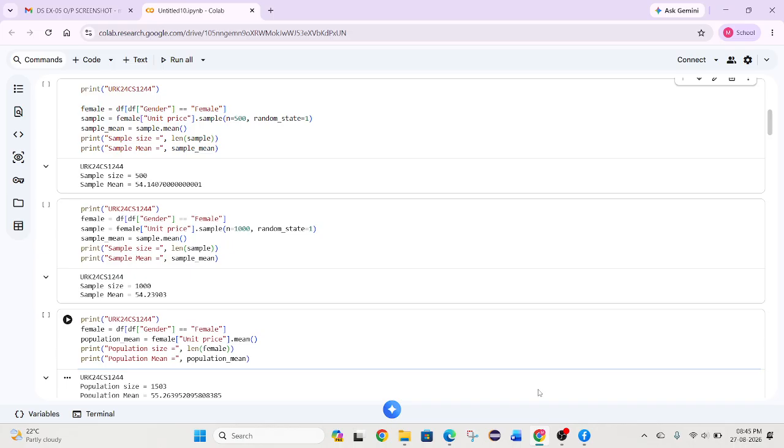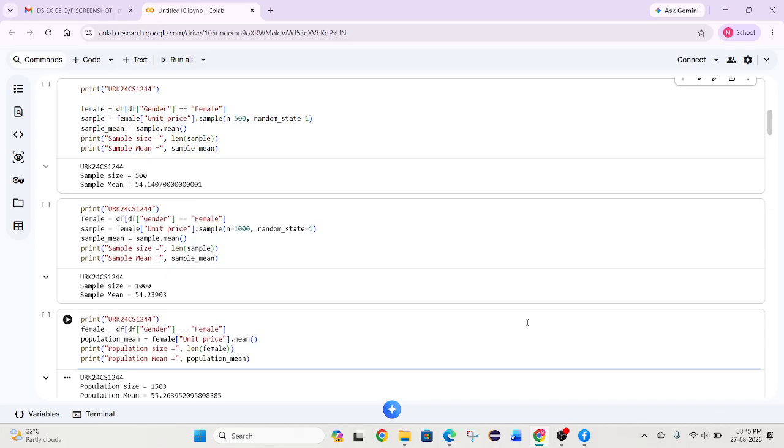Next, selecting 500 values. This is the most important line. First, I select the unit price column, then I randomly select 500 values. n equal to 500 means I need 500 values. random_state equal to 1 is used so that the same random sample can be obtained again when we run the program. Next, we are calculating the mean.